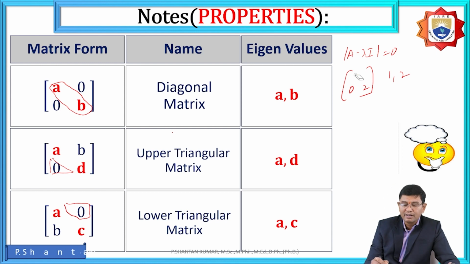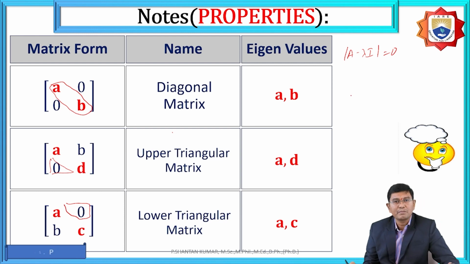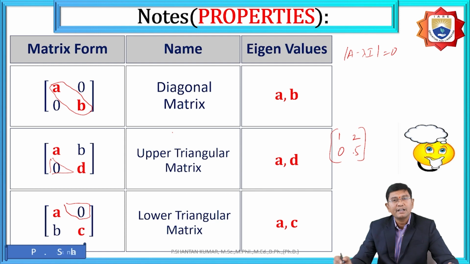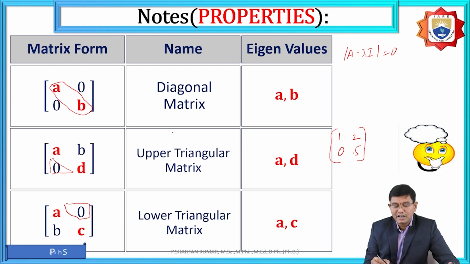Similarly, for the second example, an upper triangular matrix, consider [1 2; 0 5]. It is upper triangular because the element below the diagonal is 0.